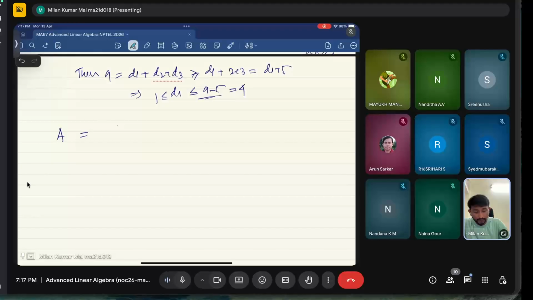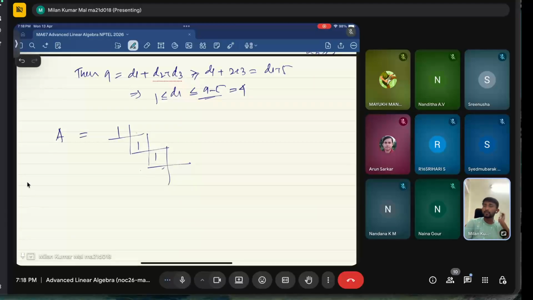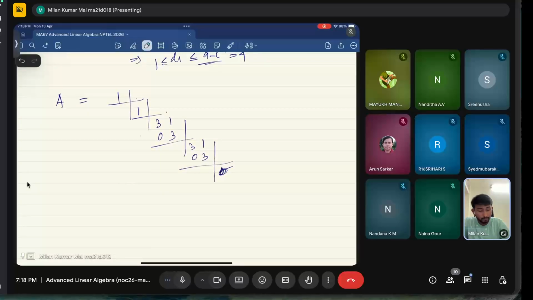Let's take A as a block matrix. One block is the 2 by 2 identity with eigenvalue 1, and there is another eigenvalue 3, with blocks 3, 1, 0, 3, and the eigenvalue 5 with blocks 5, 1, 0, 0, 5, 1, 0, 0, 5.